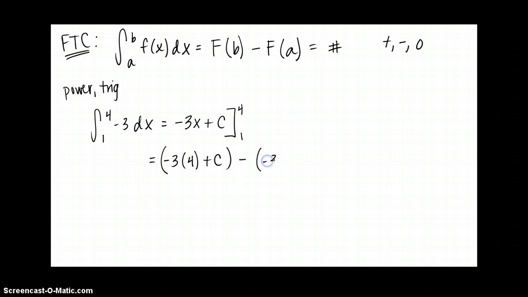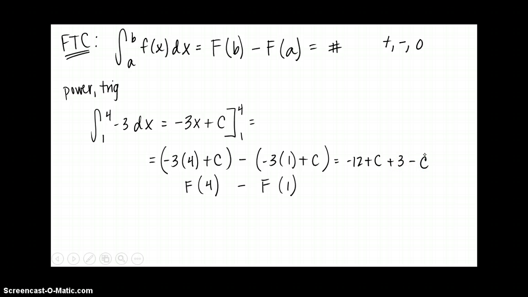Subtract the answer I get when I plug in the lower bound, which is 1. Okay, so again, according to the theorem, I plug in the upper bound into the antiderivative, and I subtract the answer I get when I plug in the lower bound. So this gives me negative 12 plus c, and that would be plus 3 minus c. And notice that these c's cancel each other out, and it verifies that we get an answer of negative 9.